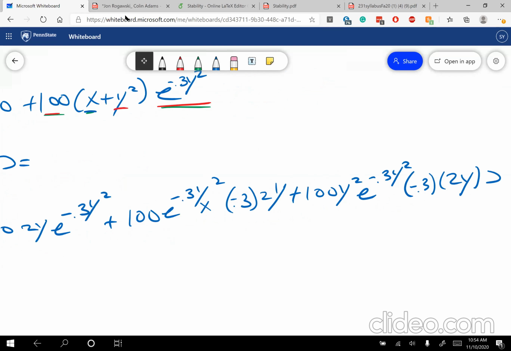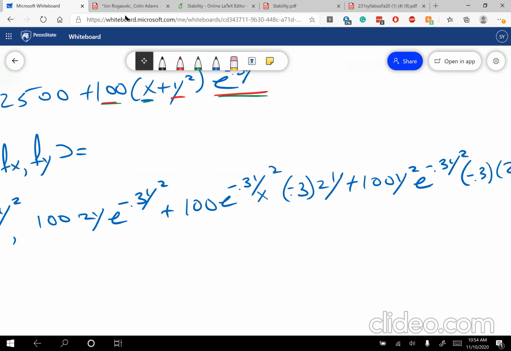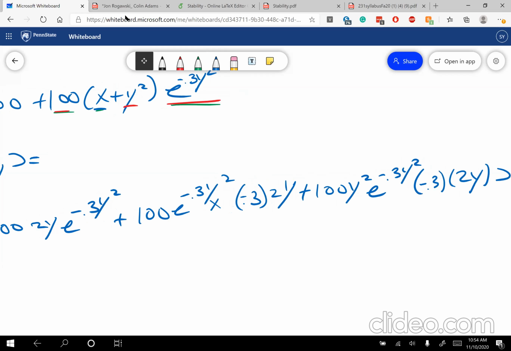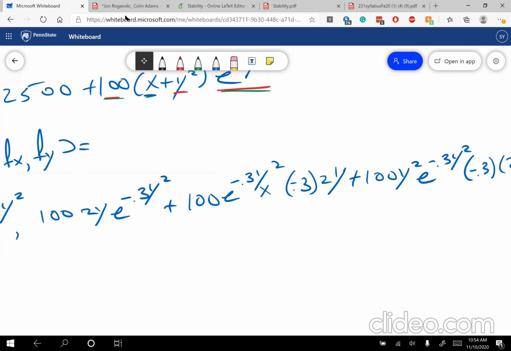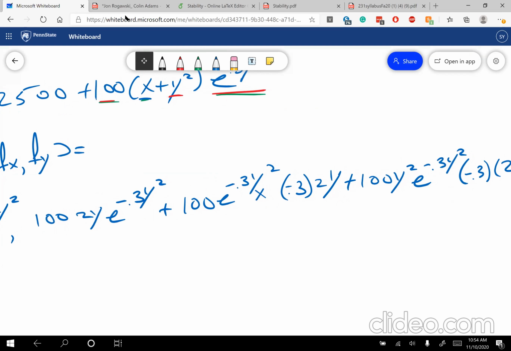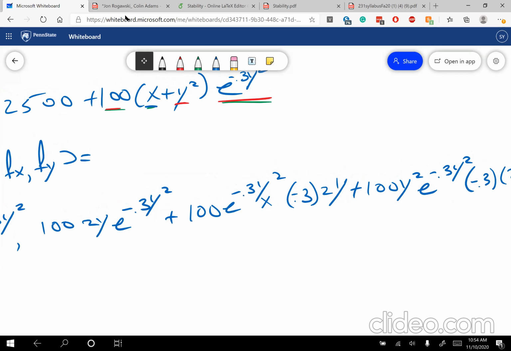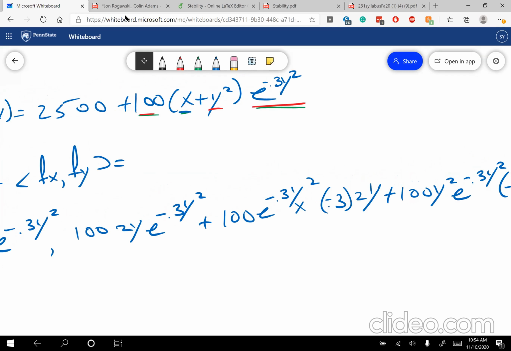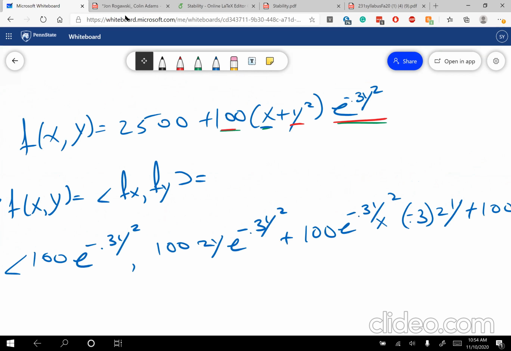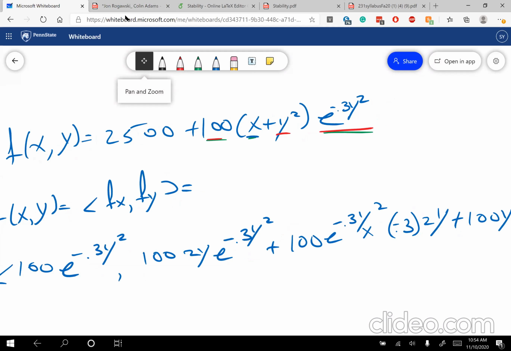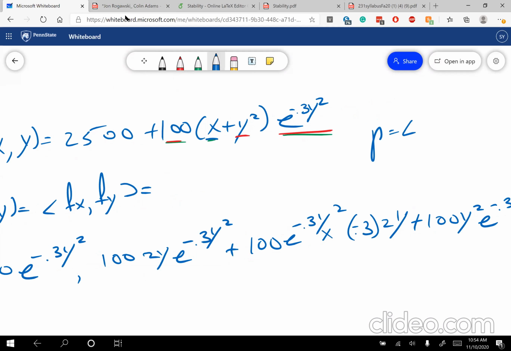Okay. So now let's plug in the values. We are at the point (-1, -1).